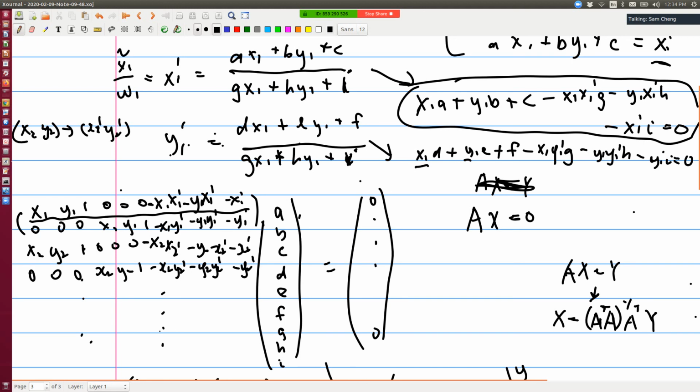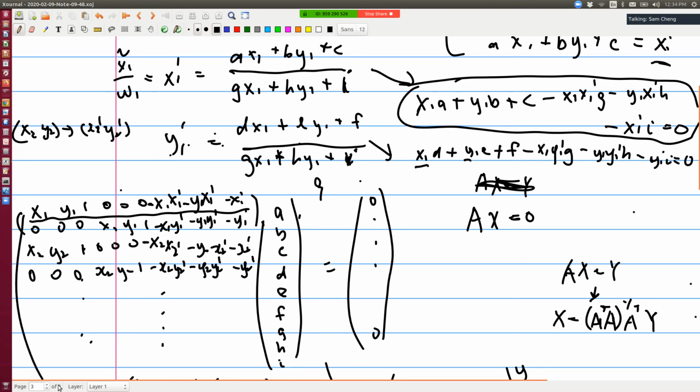If I have more equations, how many pairs do I need at minimum? Be careful. Yes, 5, right? Because each pair gives two equations and I have nine unknowns, so I need at least 5 pairs.